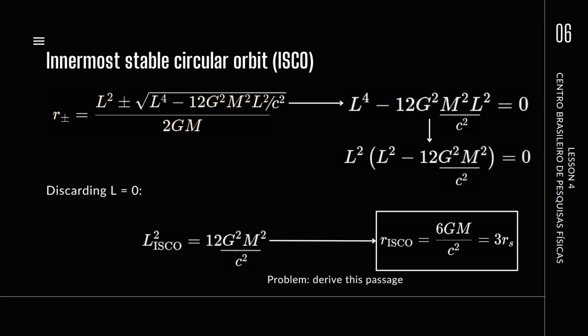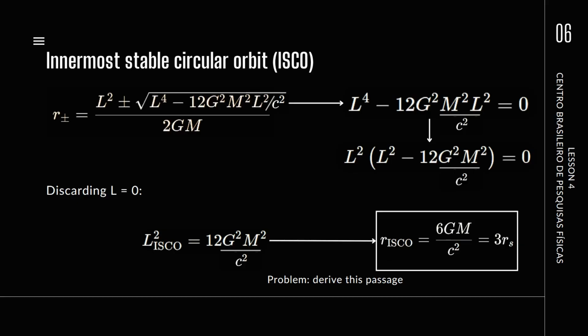Okay, so this is basically what I said before. This is the solution. If we take the product inside the square root equal to 0, we can factor L squared. Here we assume that 0 is not an option, because angular momentum 0 means that the particle is going straight to the singularity.